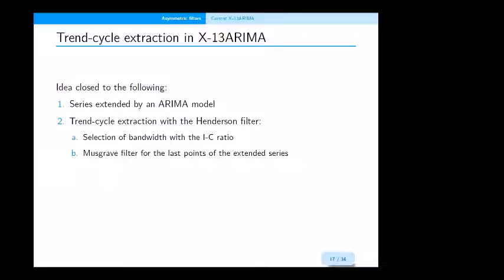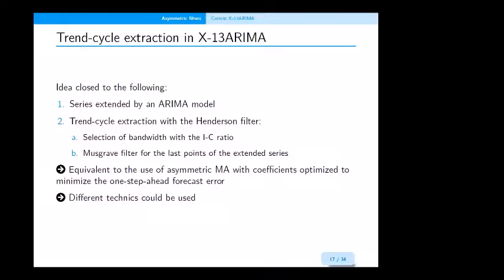First, you take your time series and extend it with an ARIMA model, and so your seasonally adjusted series, and then you apply a symmetric Anderson filter on your extended data with some specific parameters. This is equivalent to using asymmetric filters, because the forecasts are linear combinations of past values.